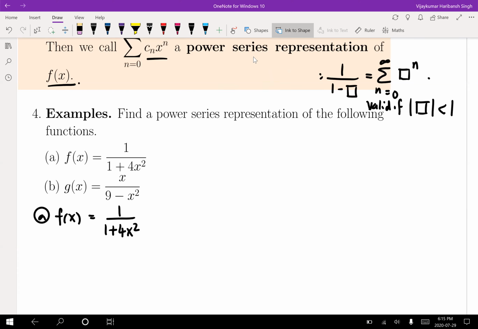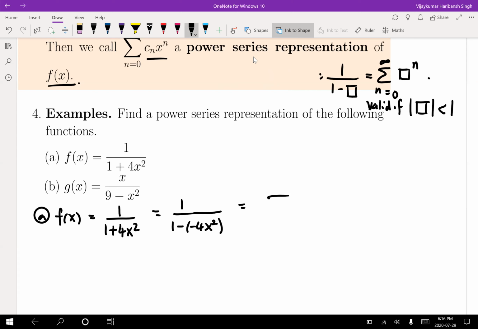Okay, so we don't need to write this work out in general. I can write this as 1 upon 1 minus of minus 4x squared, and now in the box we have minus 4x squared.